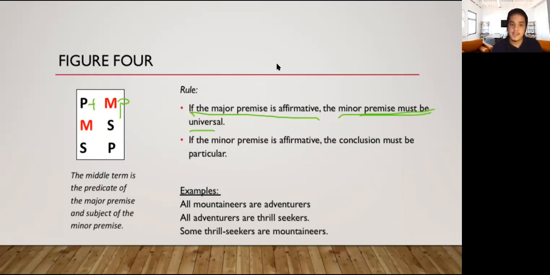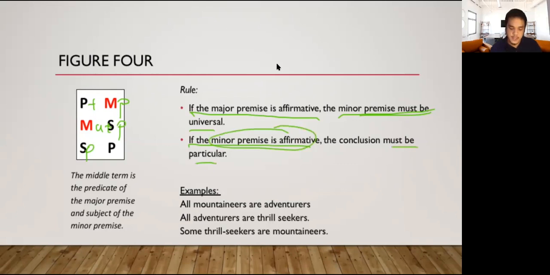Now, in the second condition, we have if the minor premise is affirmative, plus, then the conclusion becomes particular. Same with the third figure. If the minor premise is affirmative, the conclusion must be particular.